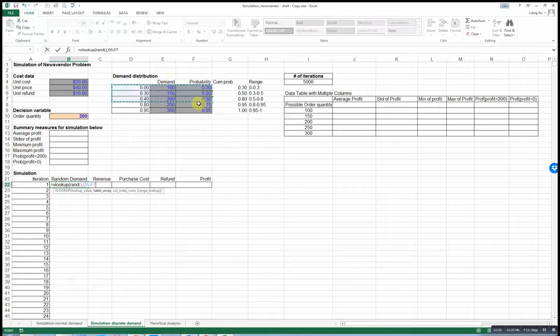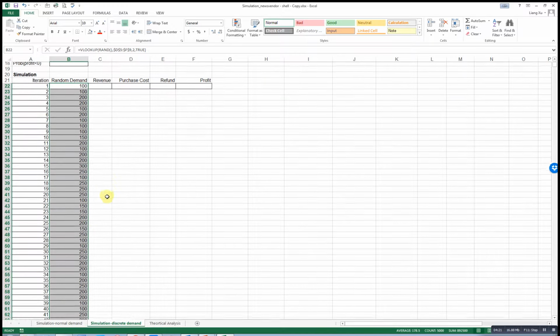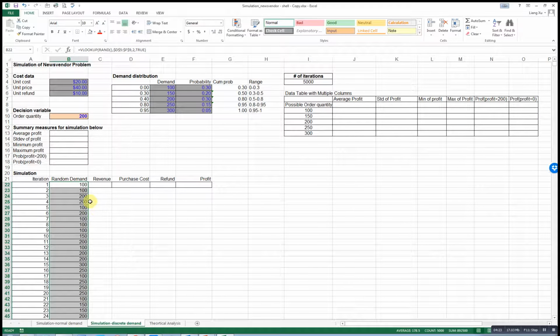Lock this table, and depending on which interval this random number belongs to, it will return the corresponding demand, and the demand is in the second column. So let's put 2, and it's approximate match. This is the formula to generate demand. If you double click, then we basically generate 5,000 demands following this distribution.